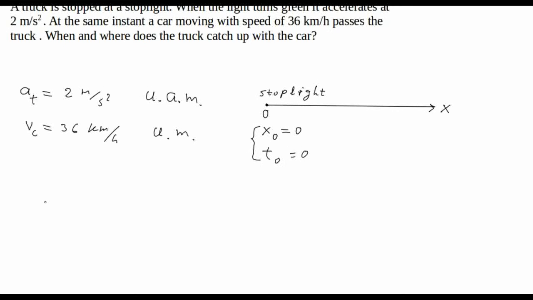Now, as you know, for one-dimensional uniform motion, position in terms of time can be found from this relation: velocity times (t minus t_0) plus x_0.